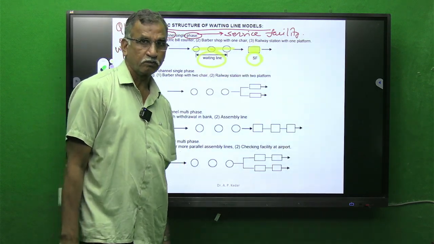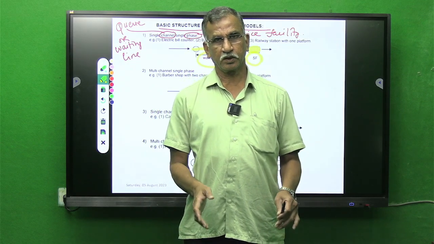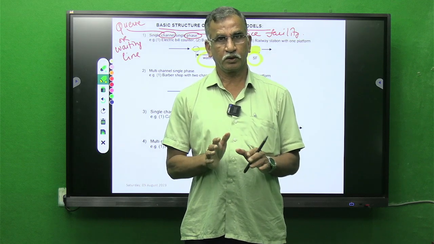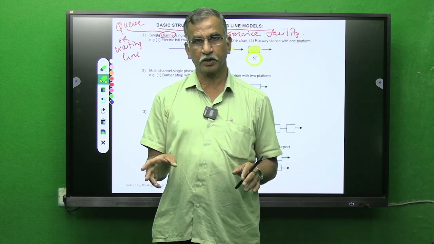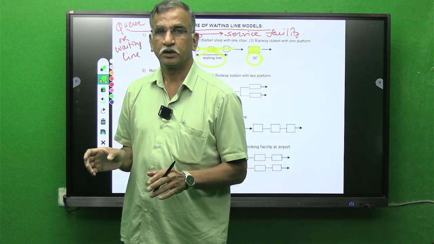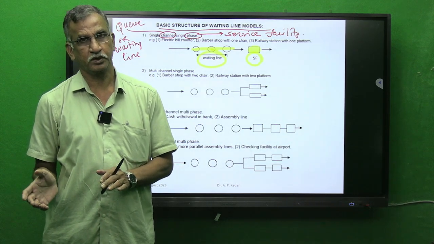Railway station with a single platform. Many a times we have witnessed this, particularly in villages. For railways, we know that there is one up line and one down line. So in small villages, small stations, there is only one platform on the upside and one platform on the downside.